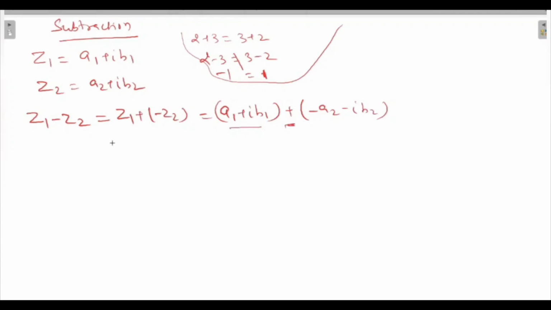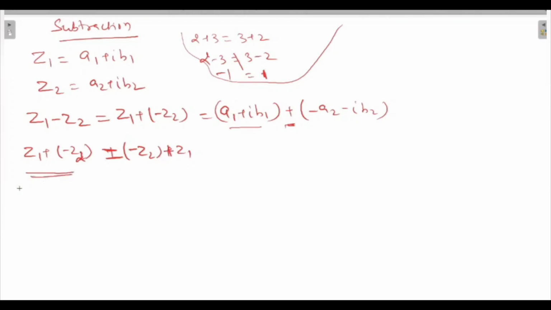So for example, z1 minus z2, I was saying, right? Now the commutative law will be applicable here because z1 plus minus z2 will be equal to minus z2 plus z1. So you can see that the commutative law is applicable because these two things are equal.